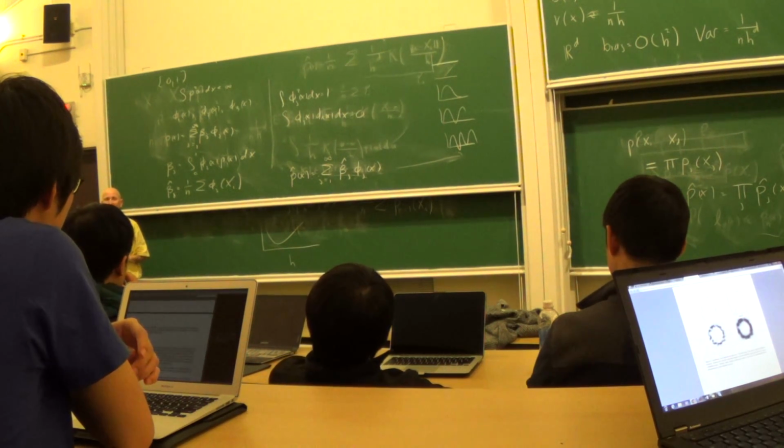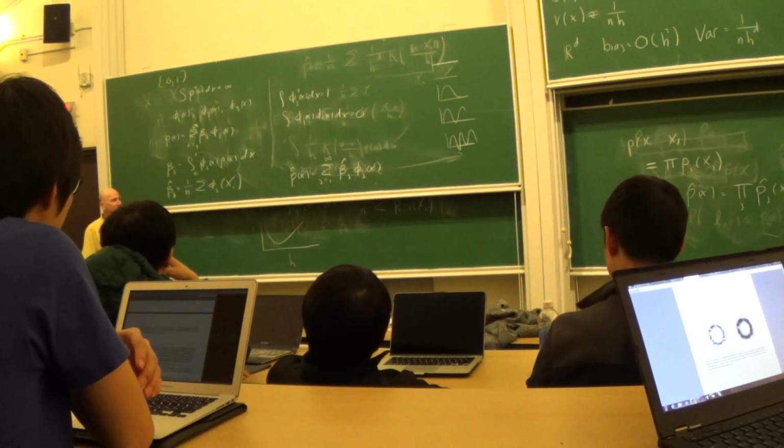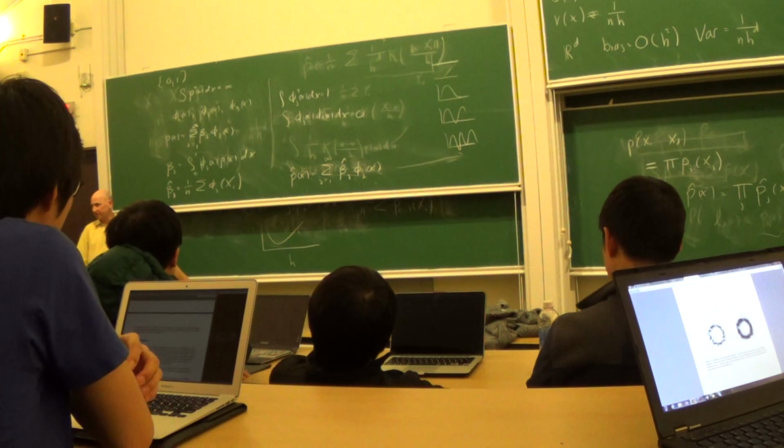Yeah, we're trying to estimate infinitely many parameters with a finite number of data. If you compute the variance of that thing, it's going to be infinite. It's like letting the bandwidth go to 0 in kernel density estimation.